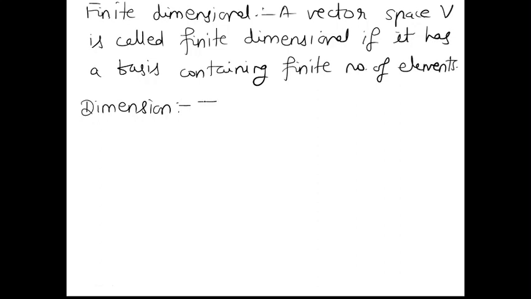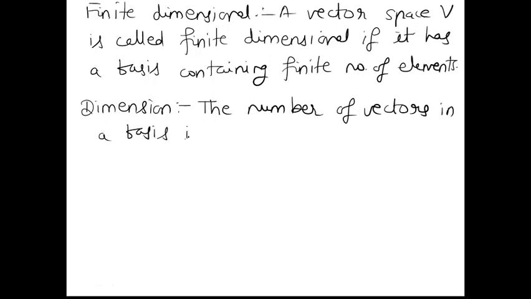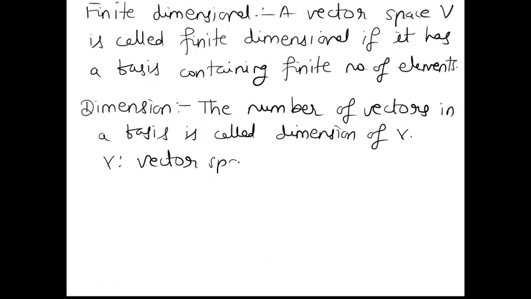The number of vectors in a basis is called the dimension of vector space V. So say for example, if V is a vector space and S is a basis for V. In particular, if our vector space is R square, what is its basis?